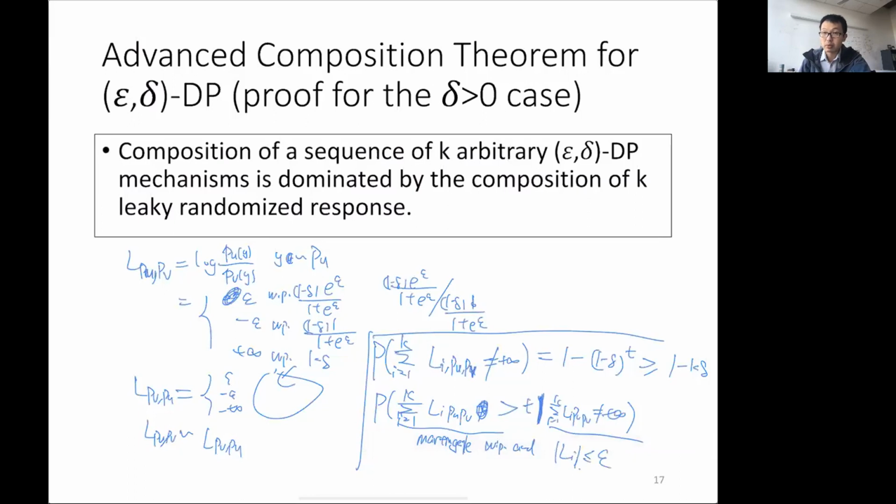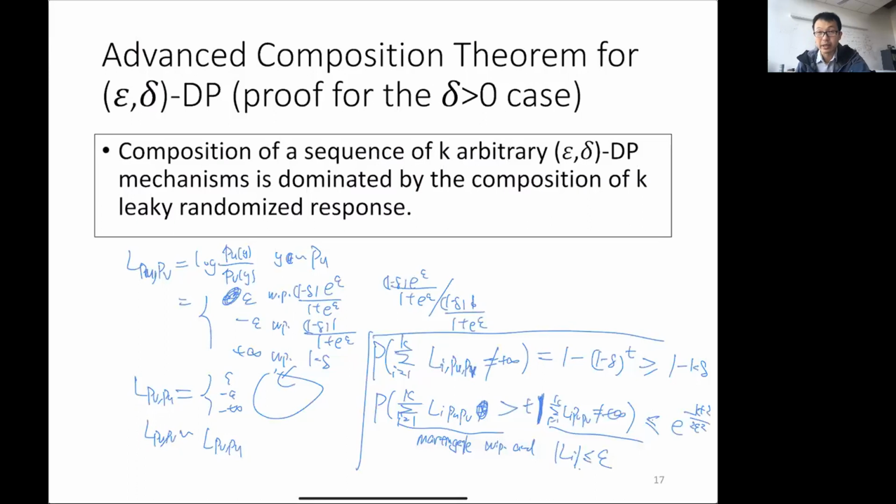So the same technique that we used with the Azuma-Hoeffding inequality can be used to derive that this probability is smaller than e to the power of minus t squared over 2k epsilon squared.